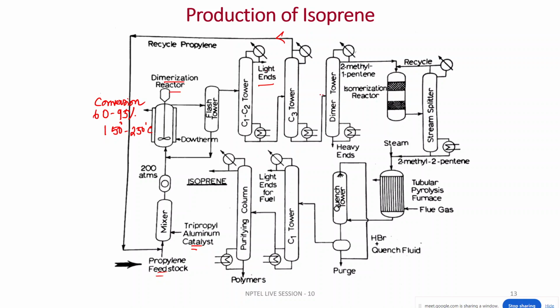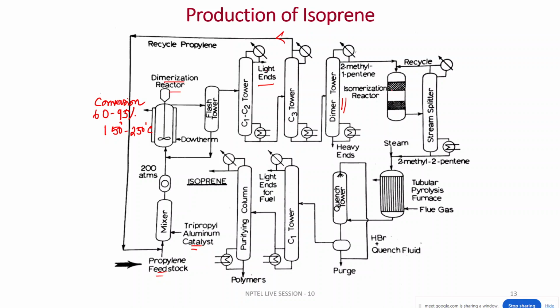Further it is taken to the dimer tower, where we separate out the dimer, which is collected as a top product, that is 2-methyl 1-pentene. Then it is sent to the second step, that is the isomerization reactor.